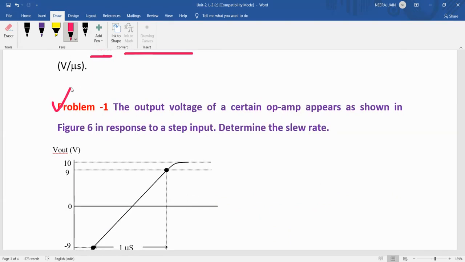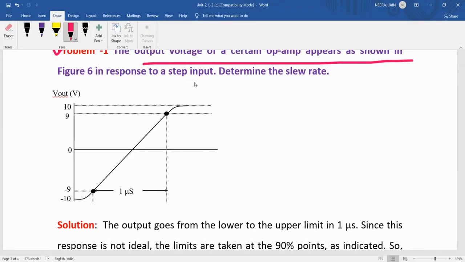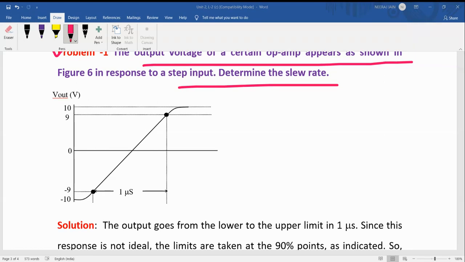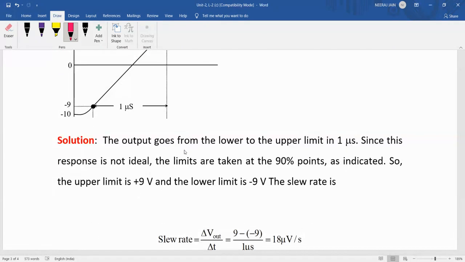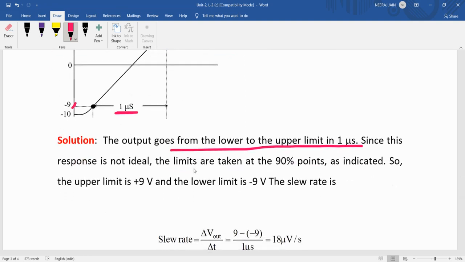So we can see one problem: the output voltage of a certain op-amp is shown in figure 6 in response to a step input. Determine the slew rate. The output goes from the lower to the upper limit in 1 microsecond as shown here. Since the response is not ideal, the limits are taken at the 90% points as indicated.